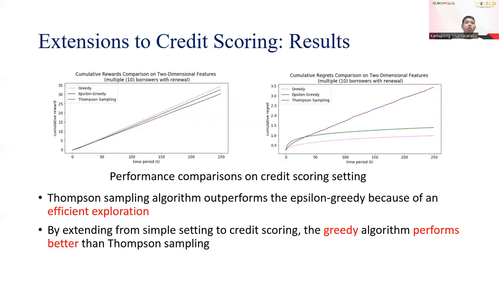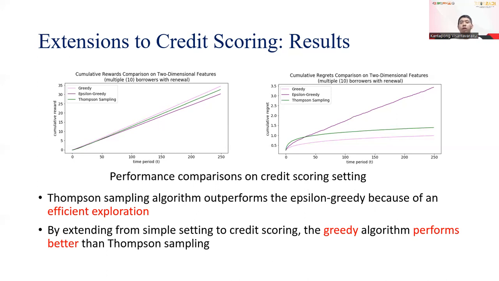And this is the result. So we can see that the Thompson sampling algorithm outperforms the epsilon greedy because of efficient exploration. We can see that the green line for the cumulative rewards is higher than the purple line, okay? And for the cumulative regret, we can see that the dark purple line goes linearly. The cumulative regret goes linearly because of the uniform exploration.